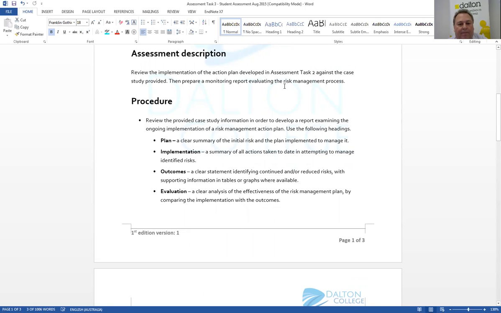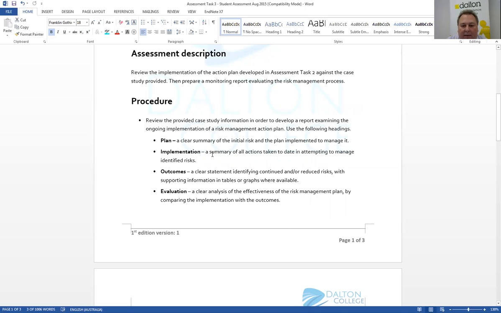Okay, so review the provided case study information in order to develop a report examining the ongoing implementation of a risk management action plan using the following headings. So we need to use the following headings. Plan: a clear summary of the initial risk and the plan implemented to manage it.